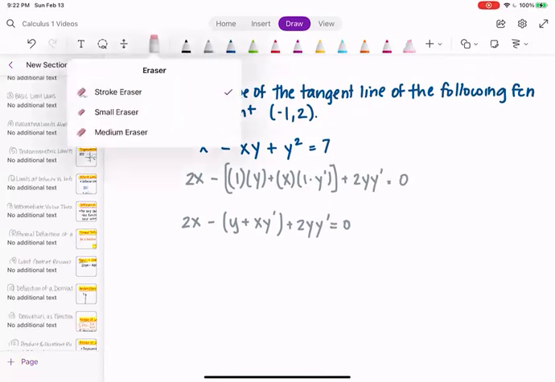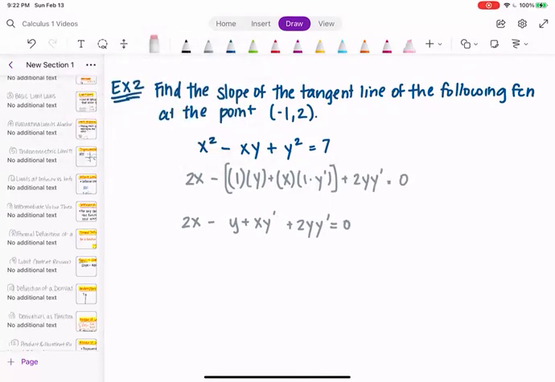What we'll do is we'll distribute this negative into here. So it'll be negative xy prime, which will allow us to say, all right, now this term and this term are our y prime terms. So everything else will move over to that side. So we have negative xy prime plus 2y y prime equals negative 2x plus y.